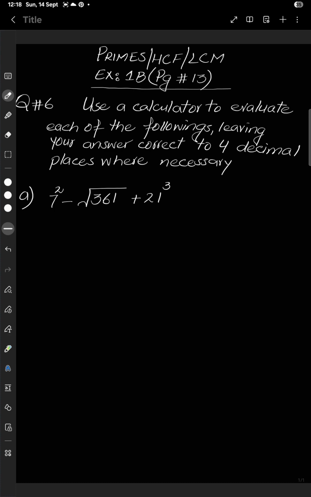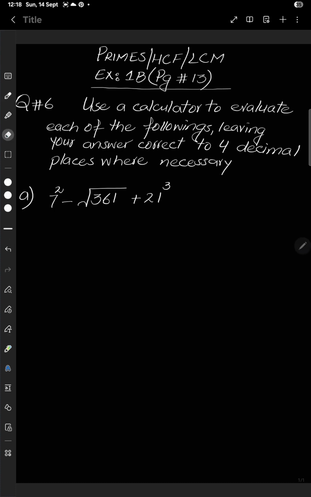But today I'm doing this question without a calculator for those students who are not allowed to use one, as in grade 6 and grade 7. So today I will try to solve these questions without using a calculator, right?